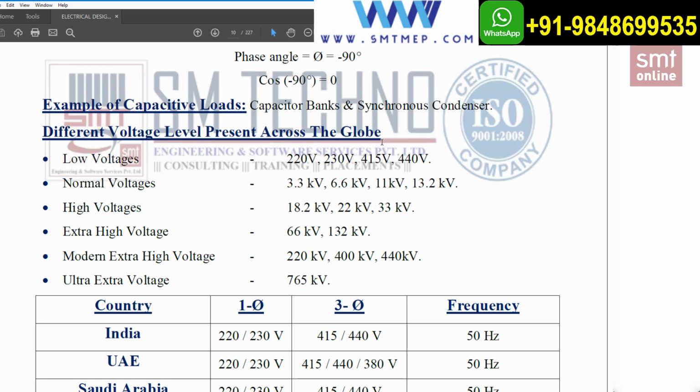Normal voltage means 3.3 kV, 3300 volts, 6.6 kV, 6600 volts, or 11 kV or 13.2 kV. When you're talking about high voltage, it means the voltage from 18.2 kV to 33 kV. For extra high voltage, 66 kV and 132 kV.